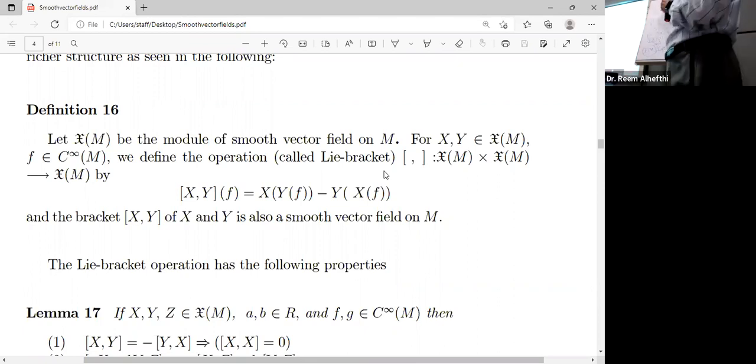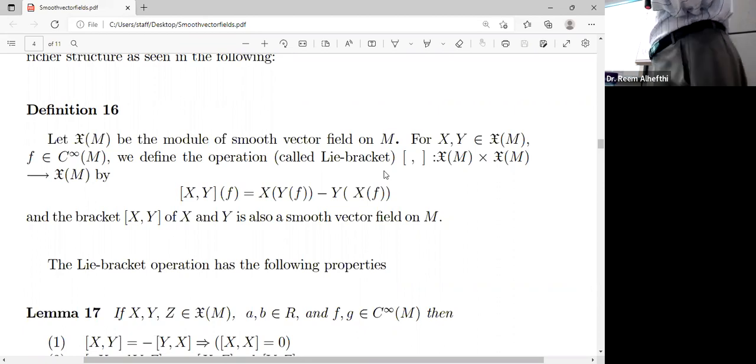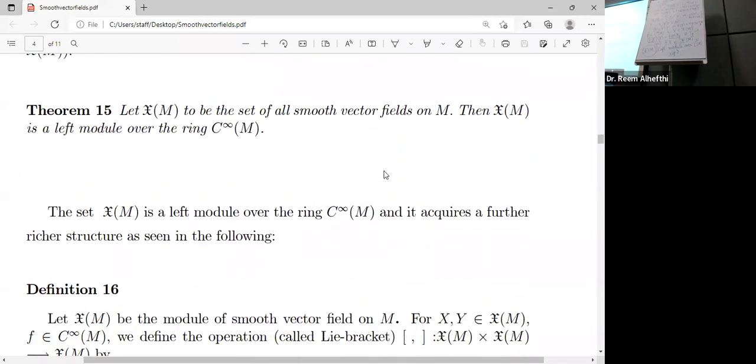Using this, you can define X from M to the tangent bundle, satisfying (Xf)(p) = X_p(f), the same one, and then you show that it's smooth. So you get a map, and that is the content here.